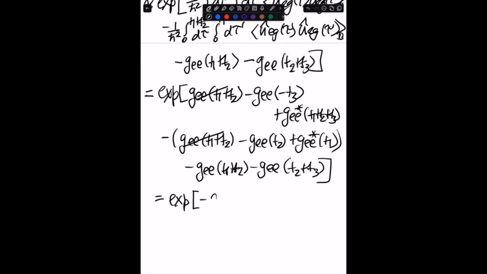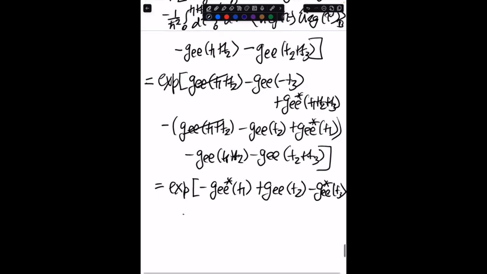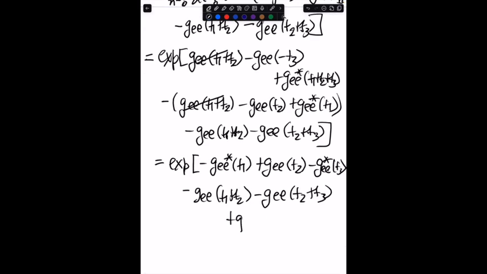Exponential of minus G star(T1) plus G(T2) minus G star(T3) minus G(T1 plus T2) minus G(T2 plus T3), and then plus G star(T1 plus T2 plus T3), and then this corresponds to F2.